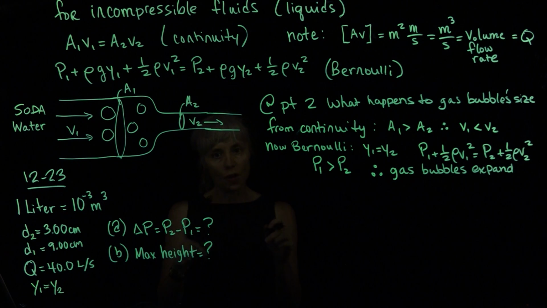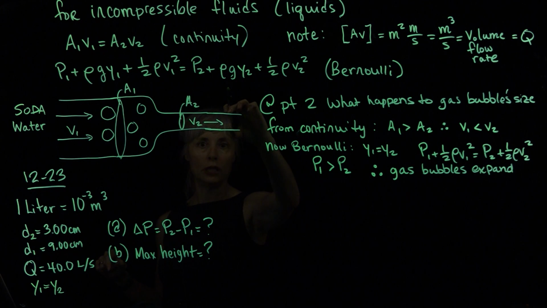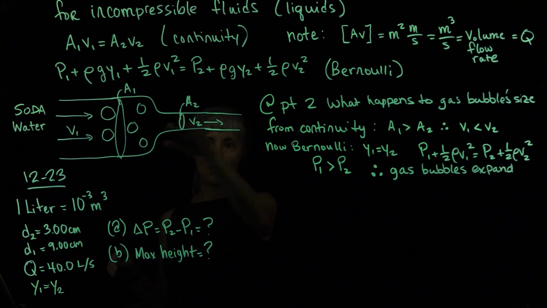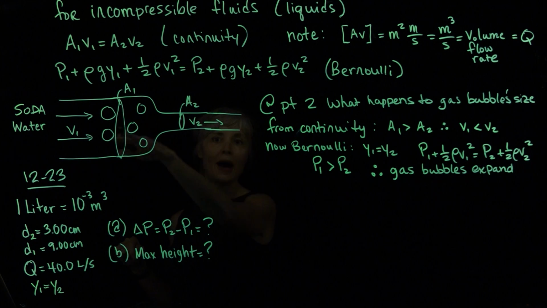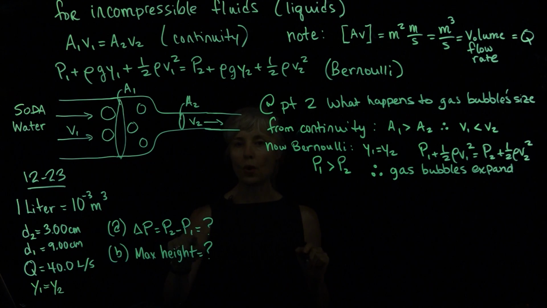So in other words, the nozzle, this is the picture basically, right? The nozzle and the wider part of the pipe all have the same center of mass height. So y1 is equal to y2. And we want to know what is the pressure change, what experience does the fluid feel with respect to pressure.